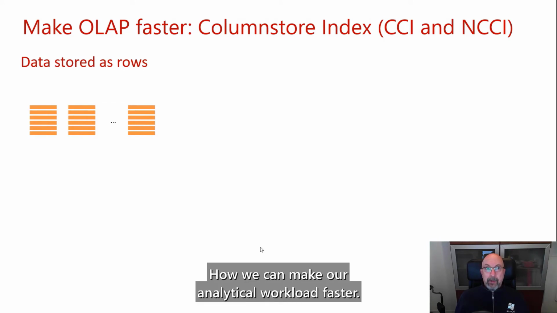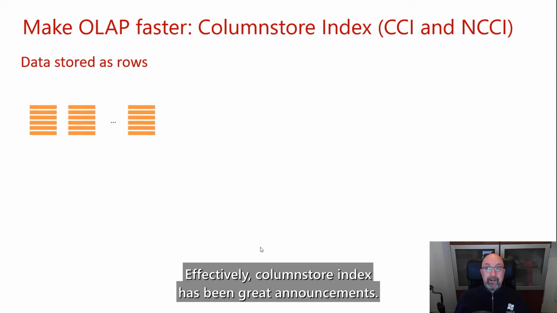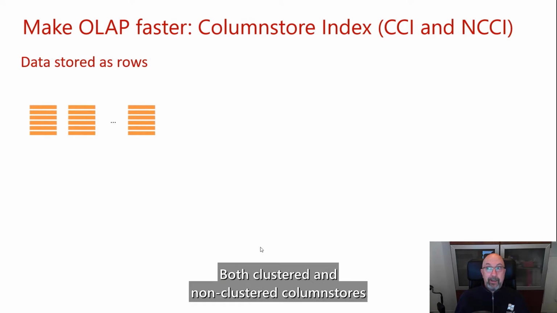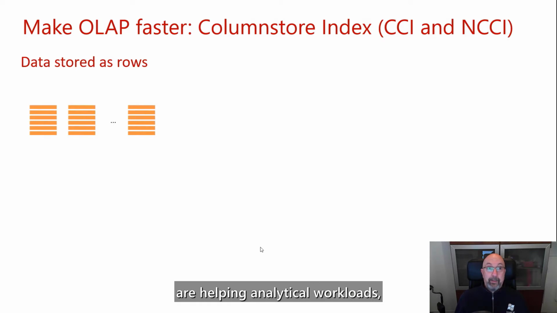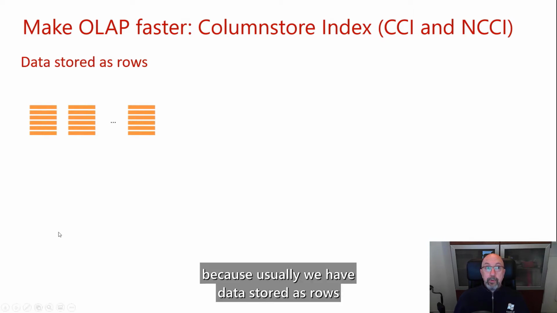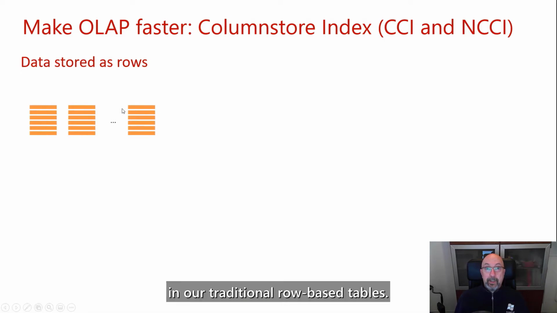So we can make our analytical workload faster. Column store index has been a great enhancement. Both clustered and non-clustered column stores are helping analytical workloads because usually we have data stored as rows in our traditional row-based tables.